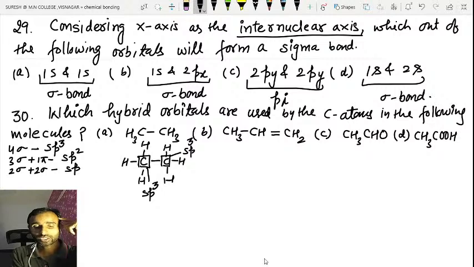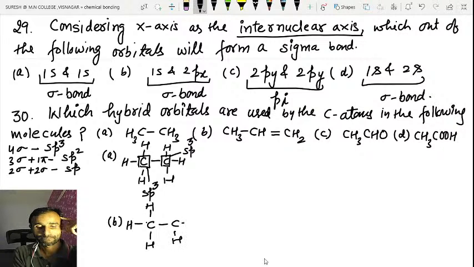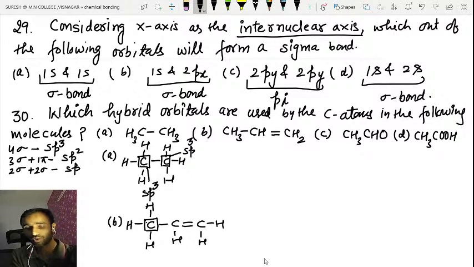Okay, in this case, draw the structure. This is A, now in B, like this. So this carbon has all the 4 sigma bonds, because single bonds are always sigma bonds. So hybridization is sp3.